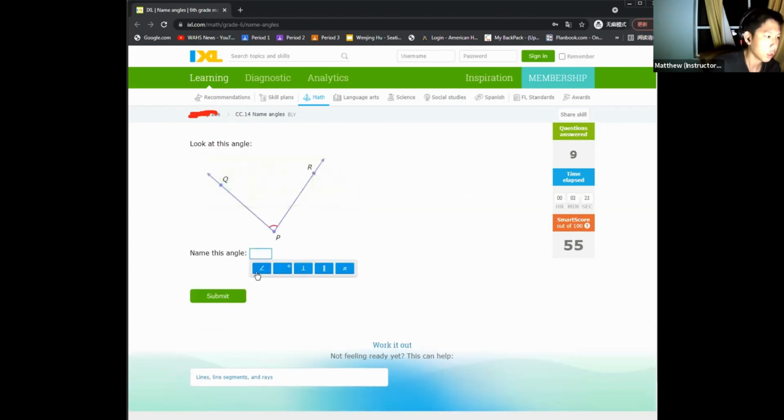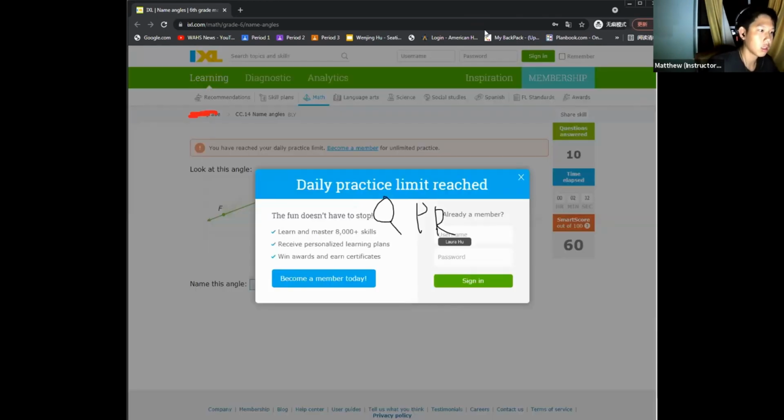And this should be the last one. Q on Q, and that is correct. Now let's get rid of this, and let's do the last one. Probably should have done this one first, but whatever.